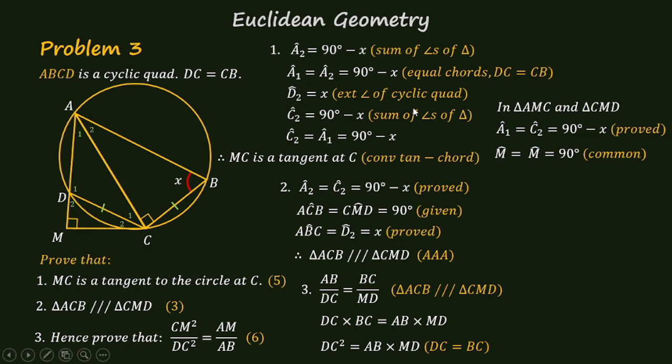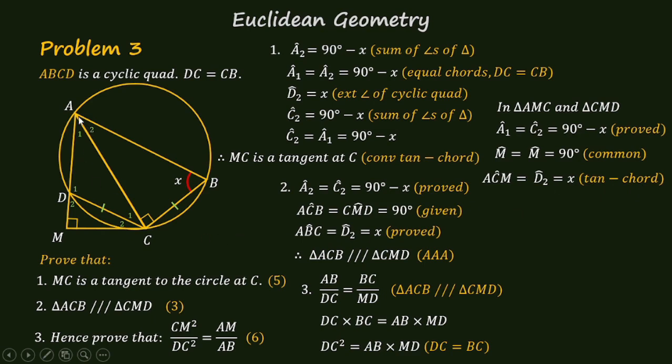And finally, the third angle, C and D. In AMC and CMD, we know that the angle ACM equals the angle D2, which equals X, from the tan chord theorem.